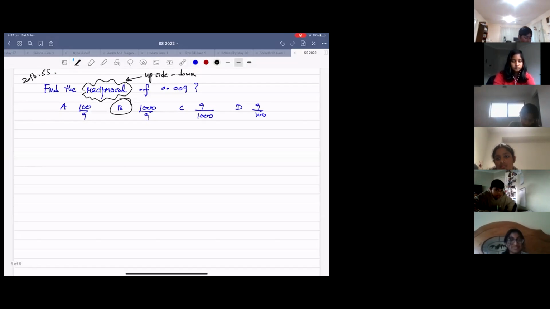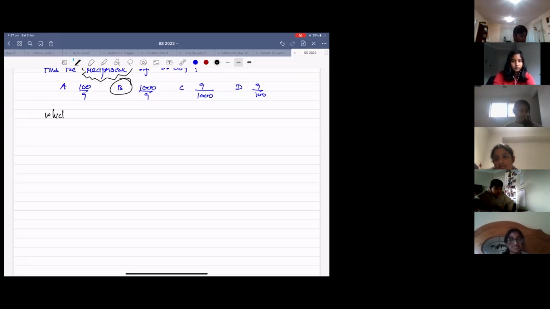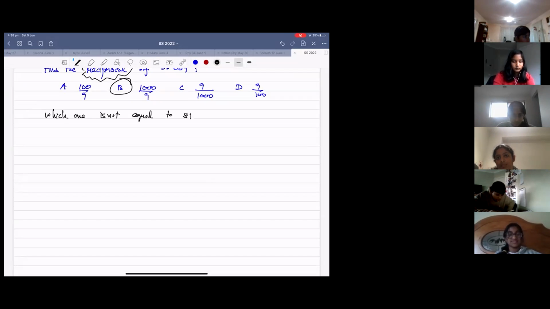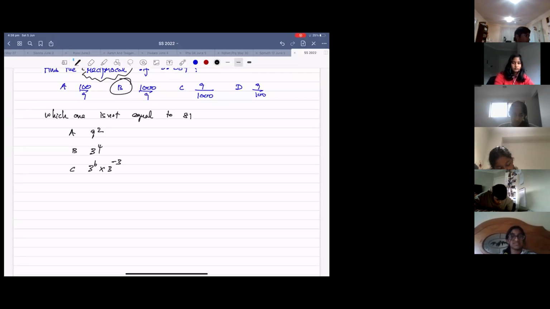Next one. Which one is not equal to 81? A, 9 squared; B, 3 to the power 4; C, 3 to the power 6 times 3 to the power minus 3; D, 3 to the power 2 to the power 2.